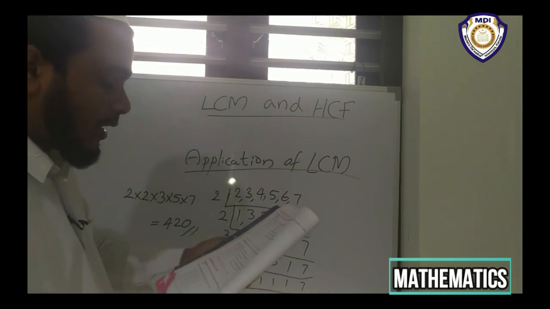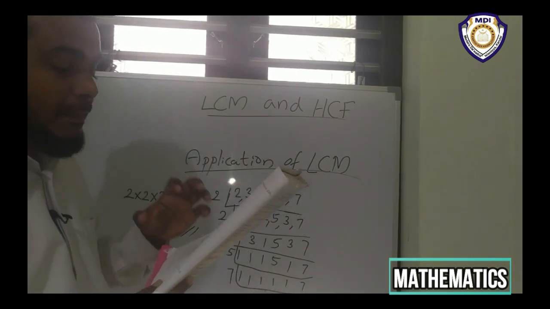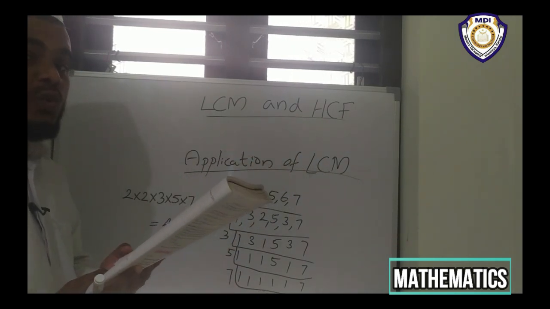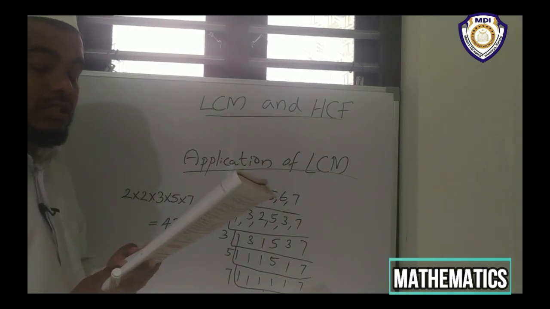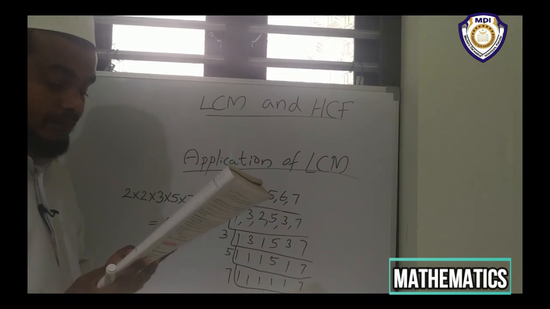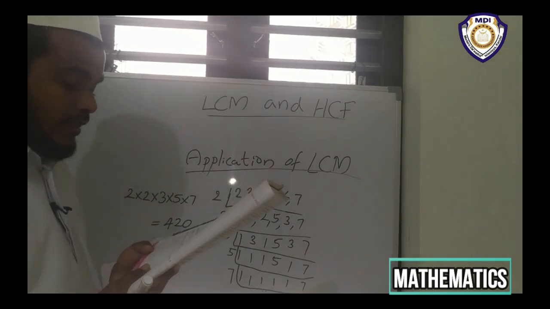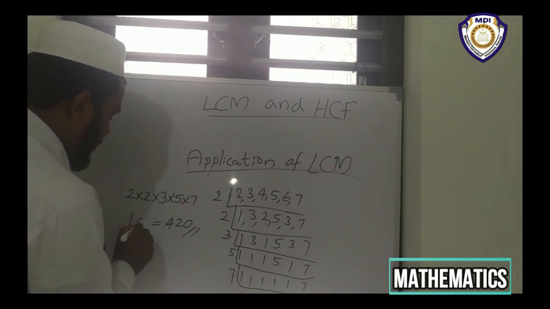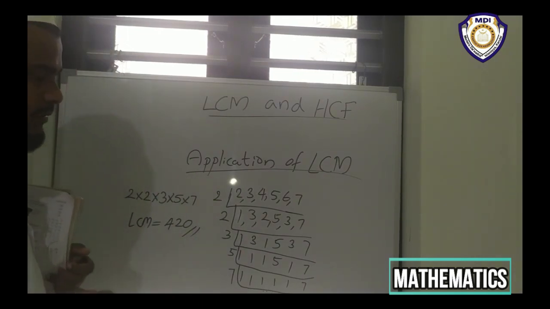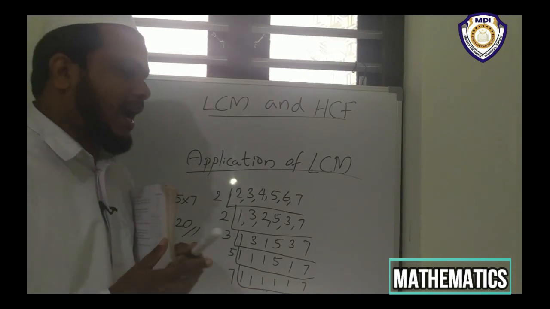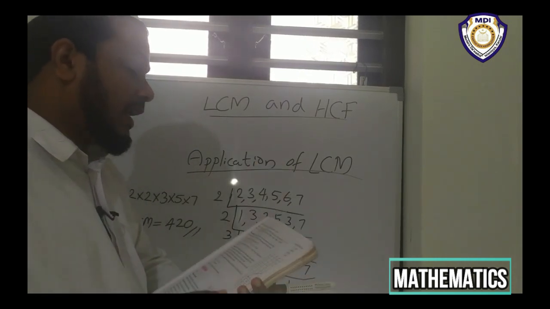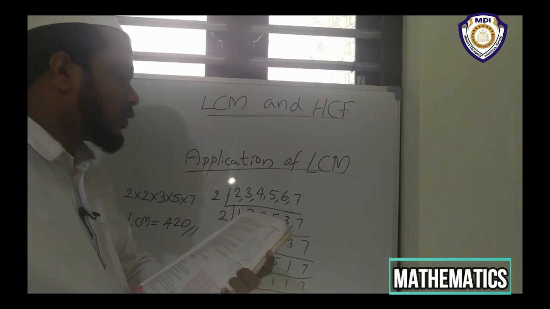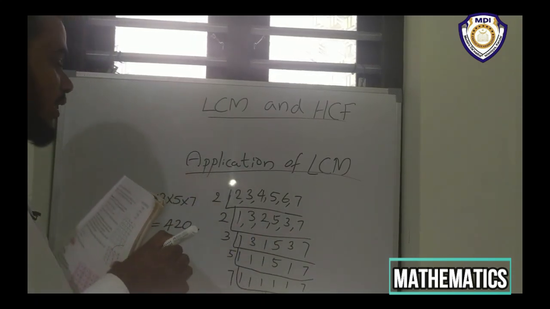Our question: find two numbers nearest to 10,000. Once we get the LCM, after that you have to divide 10,000 by 420.